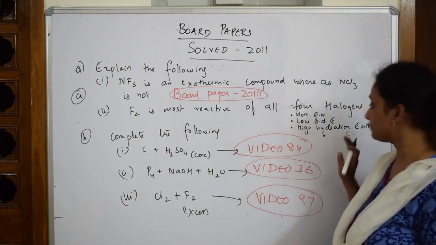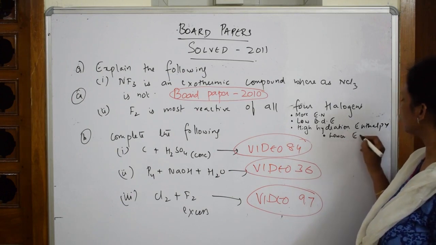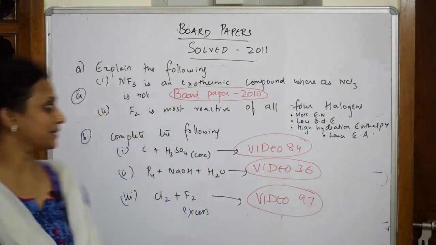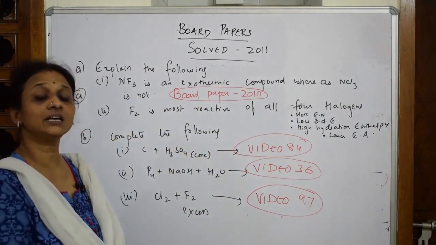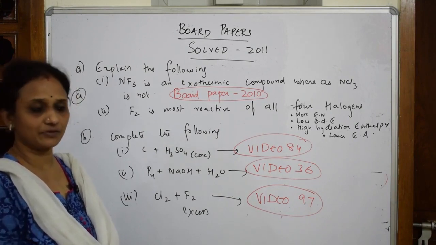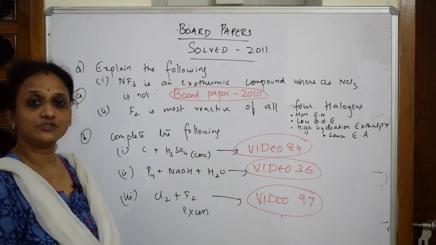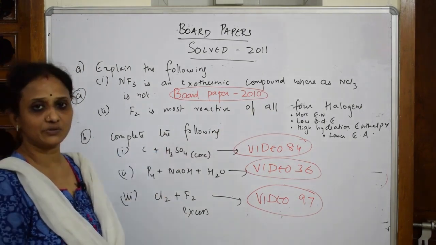Then high hydration enthalpy, you can also write in terms of lower electron affinity, attracting power. With these factors we'll explain, but I'm not explaining it here. Watch that video under the heading why is fluorine more oxidizing than chlorine. I have shown you the Born-Haber cycle, Gibbs free energy, and electrode potentials also. Watch that video, you'll understand.